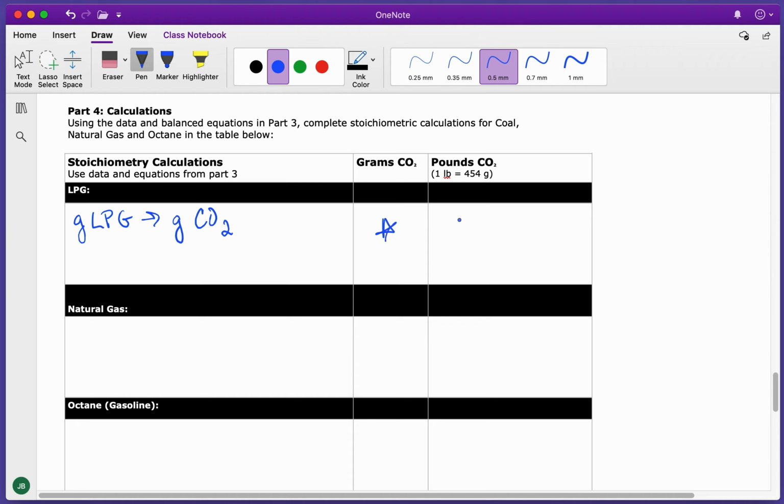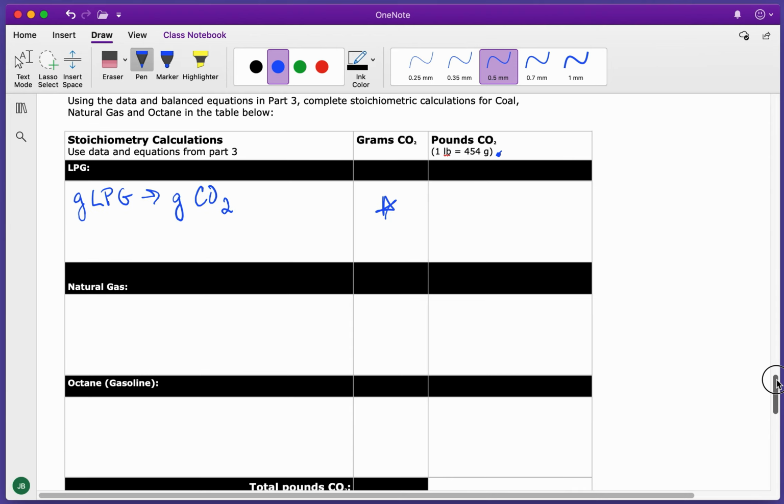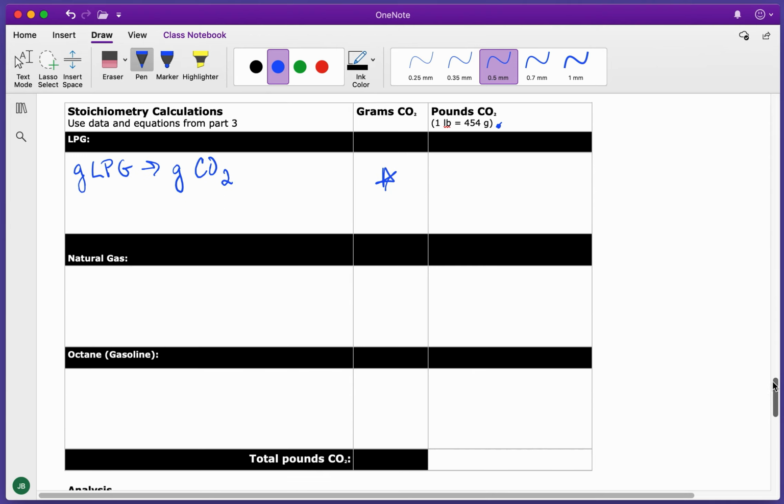And then you're going to do another dimensional analysis where you're going to convert your grams into pounds using the conversion factor that you see up at the top. So you're going to do all of those and find out how many pounds of CO2 is made in Louisiana. And of course, this is for 2015 for LPG and natural gas.